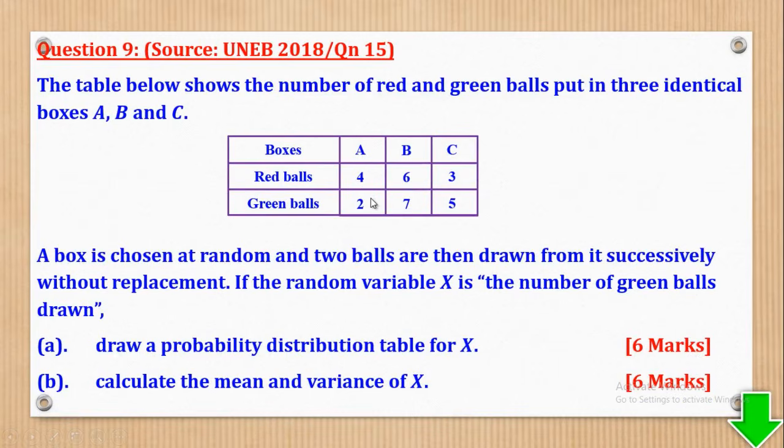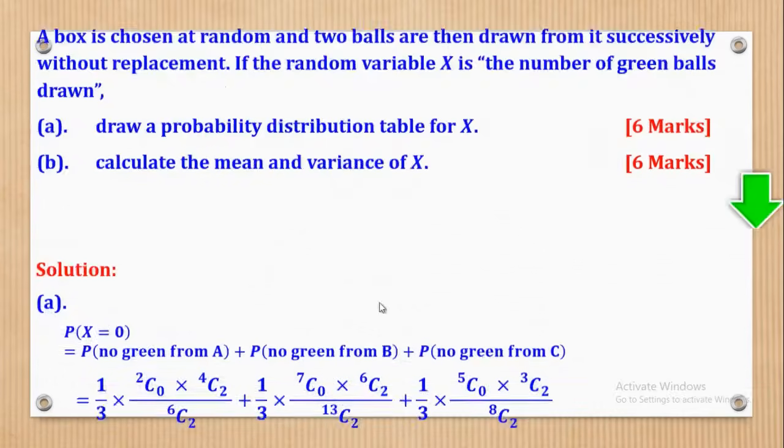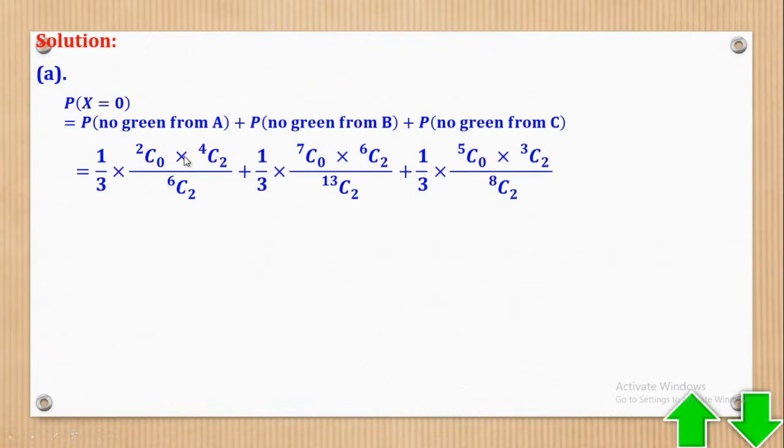Therefore no green means that 2 combination 0 multiplied by 4 combination 2, because they are picking 2 balls. So that means that all the 2 picked were red, therefore it will be 4 combination 2. That is why you see here 2 combination 0 multiplied by 4 combination 2 over 6 combination 2. 6 is the total, 2 plus 4 is 6.